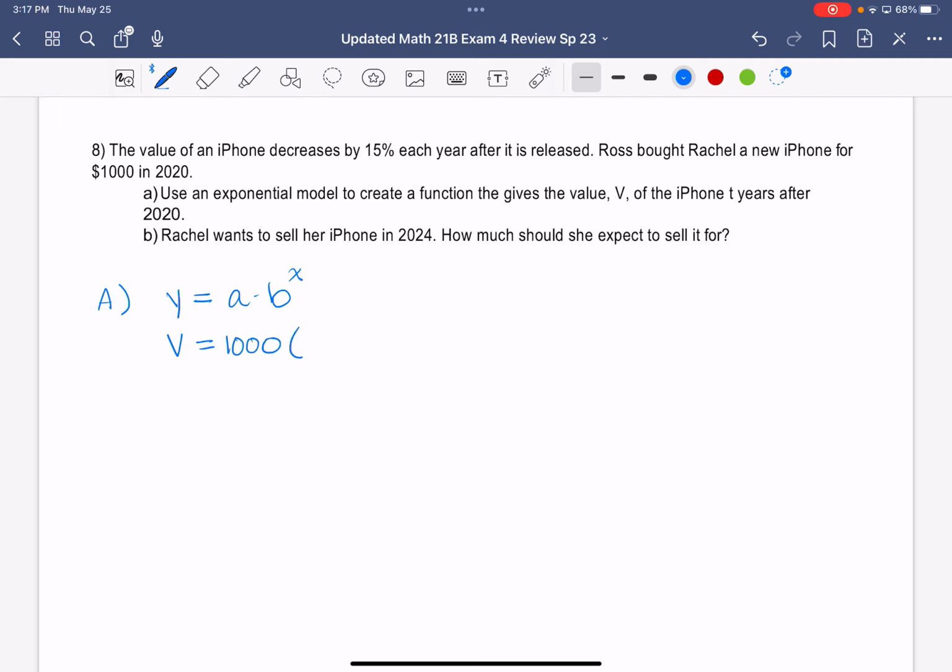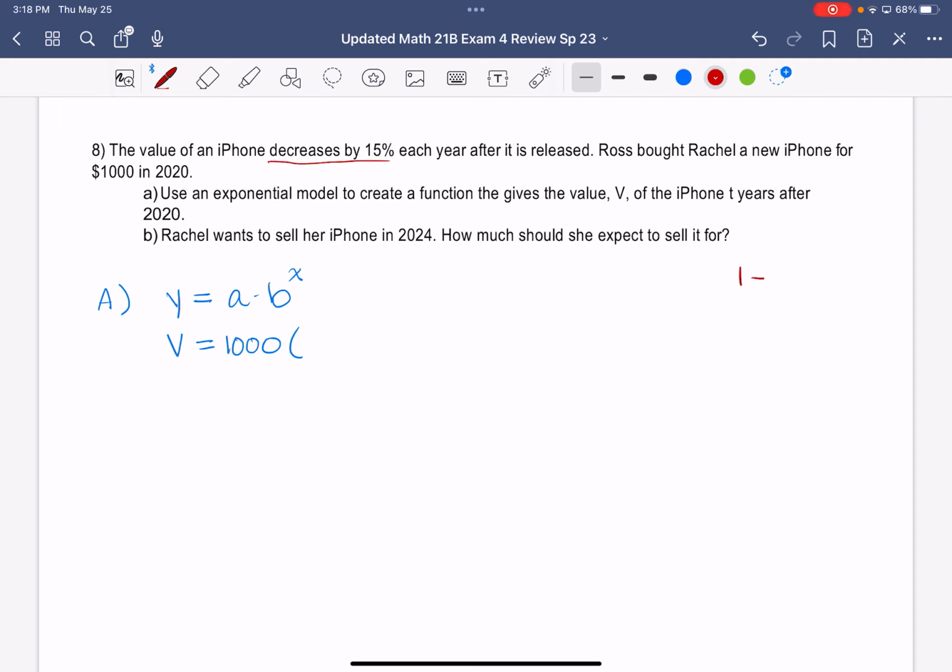Times B, the base. If it's helpful for you, remember you start off with 1, right? I'll do it over here. Start off with 1. And then you add or subtract the percentage depending upon whether it's increasing or decreasing. Is this iPhone increasing or decreasing in value? Decreasing. So we're going to subtract.